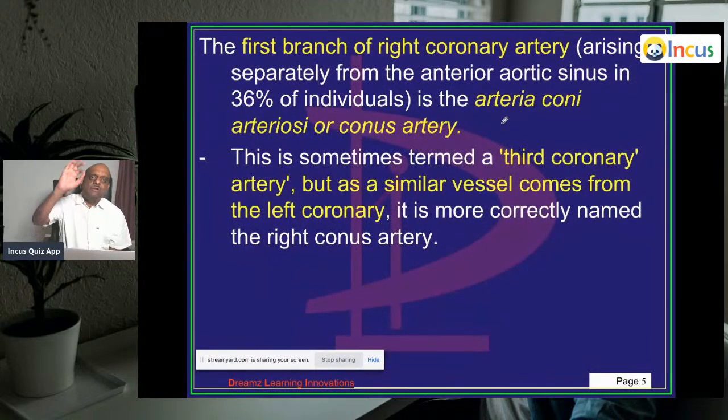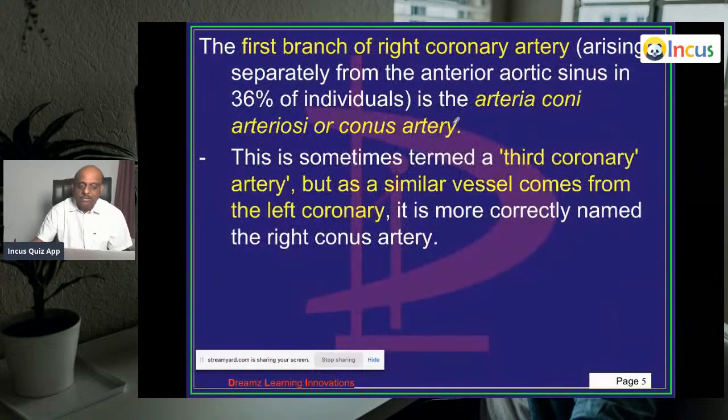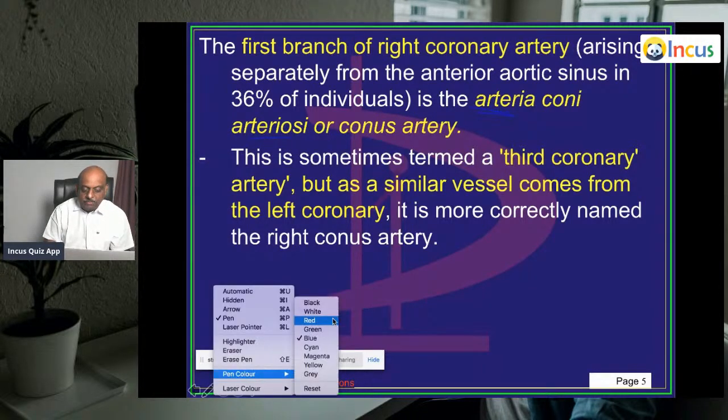So the first branch of the right coronary artery, which is arising separately in some people from the anterior aortic sinus. It is the arteria coni arteriosi, otherwise called conus artery, is what you need to remember.